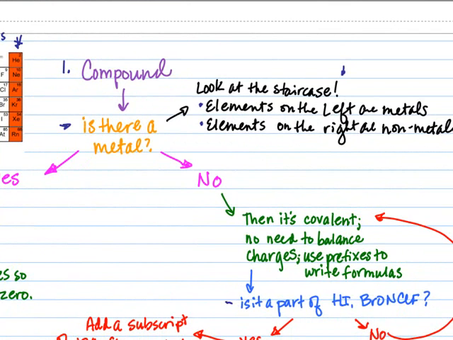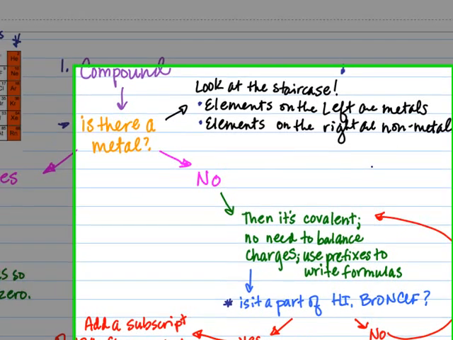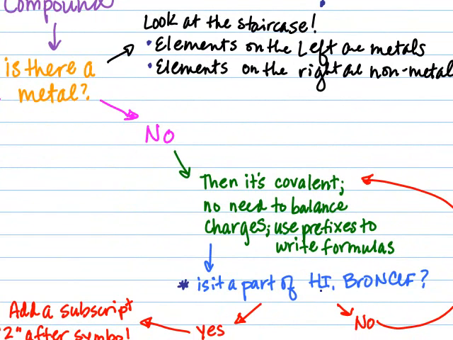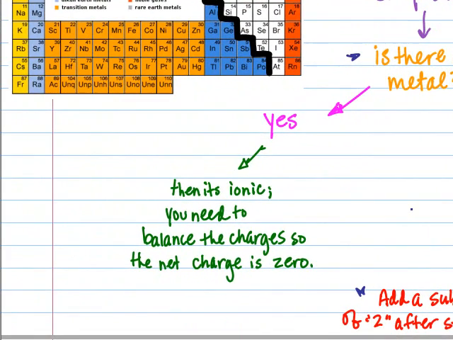The next question that you need to ask is, is it a part of HI BrONClF? What that means is, is the compound that you're trying to write called hydrogen, iodine, bromine, oxygen, nitrogen, chlorine, or fluorine? Because if it is, you would add a subscript of 2 after the symbol.